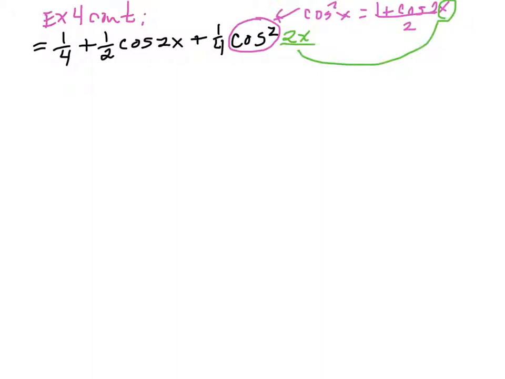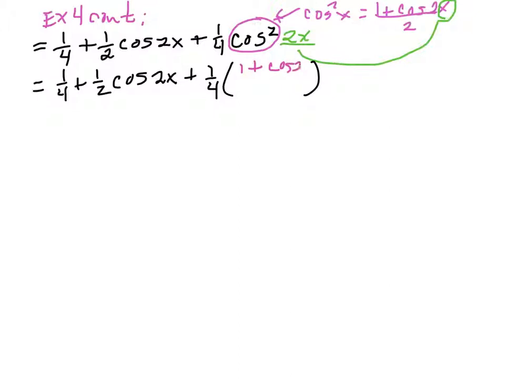So here's how it looks when we replace it. So equals 1/4 plus 1/2 cosine of 2x plus, and then I'm going to put this 1/4 here, and I'm replacing all of this, the cosine squared of 2x, so I'm going to use a big parentheses, and I'm replacing it with 1 plus the cosine of 2, and instead of x, what do I put in there?